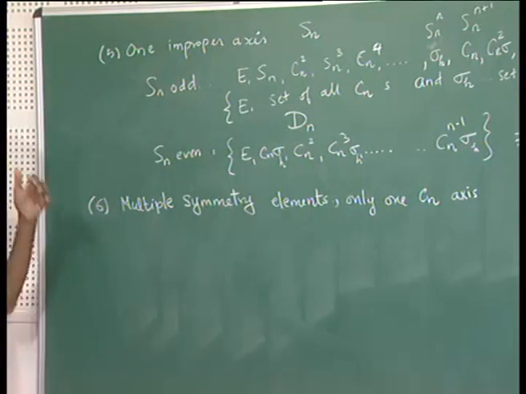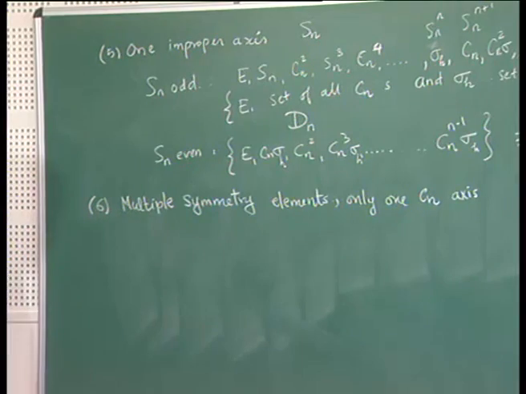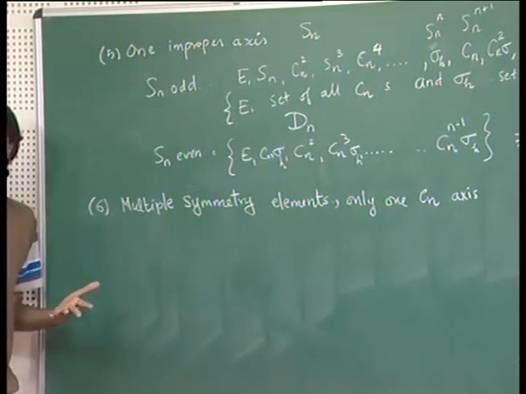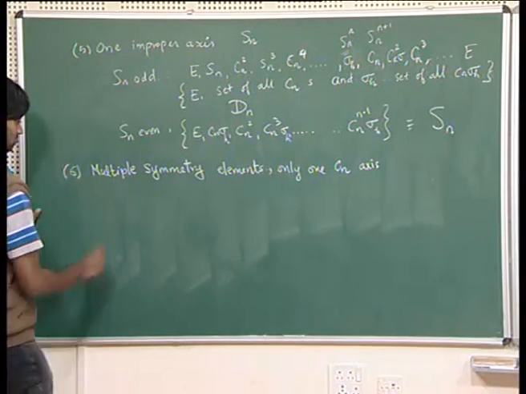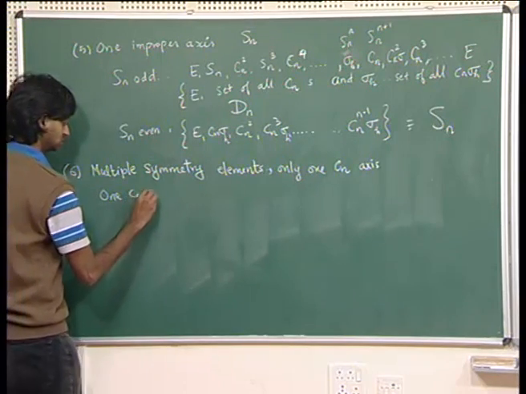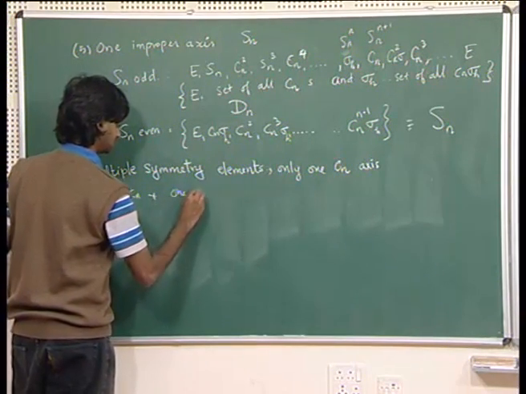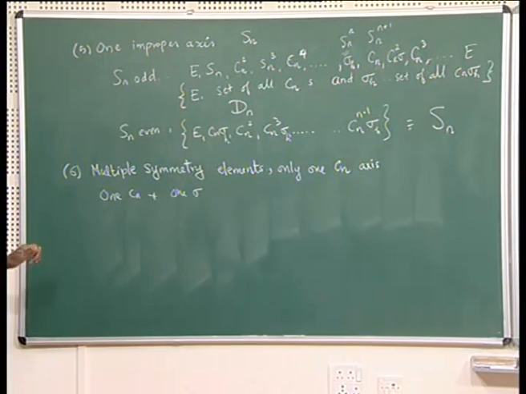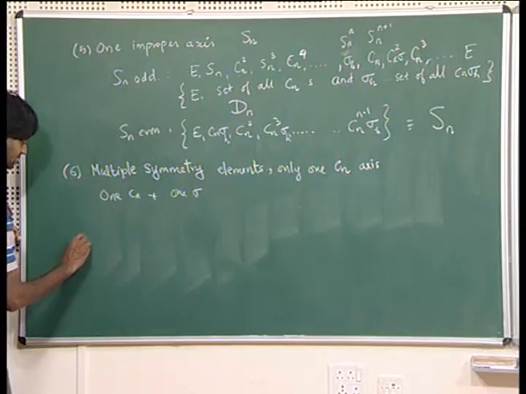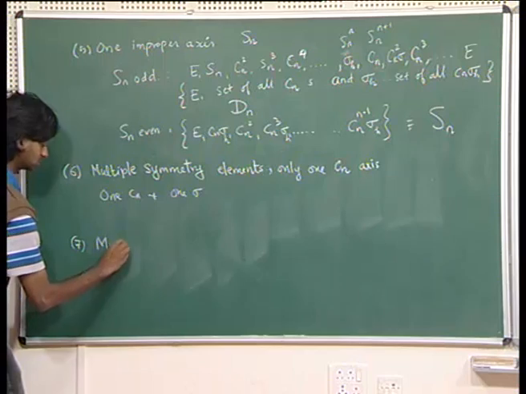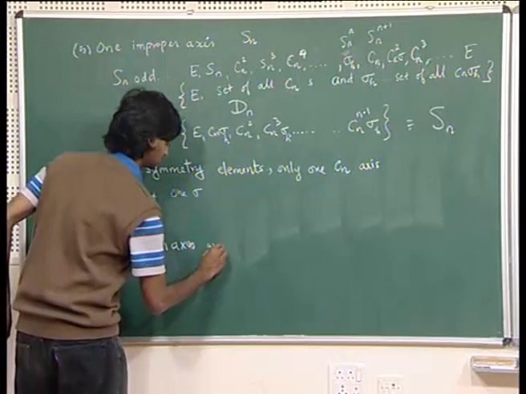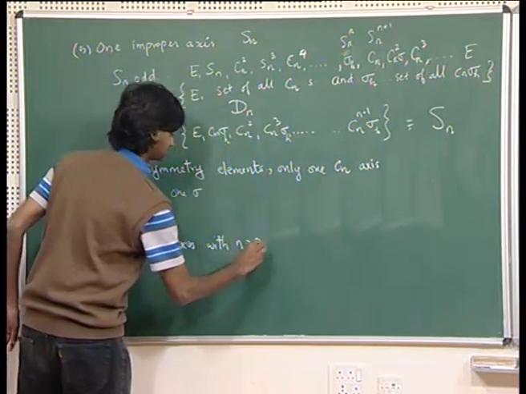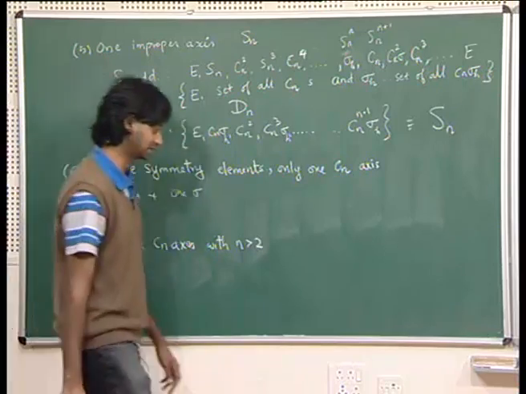So if you have only one C_n axis and then you have multiple symmetry elements, you can have one C_n axis and one sigma. And then finally we will consider multiple C_n axes with n greater than 2. So that's the last thing we will consider.